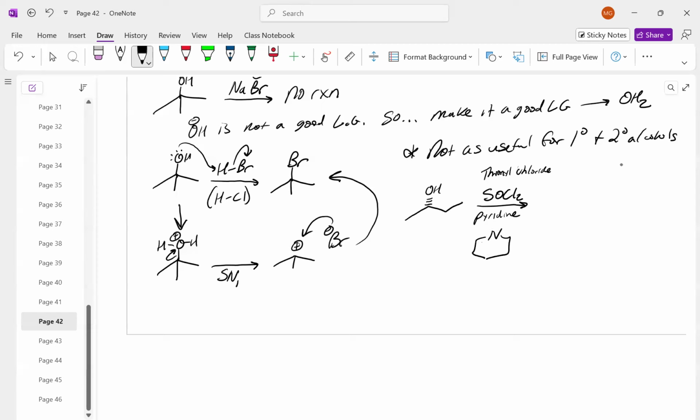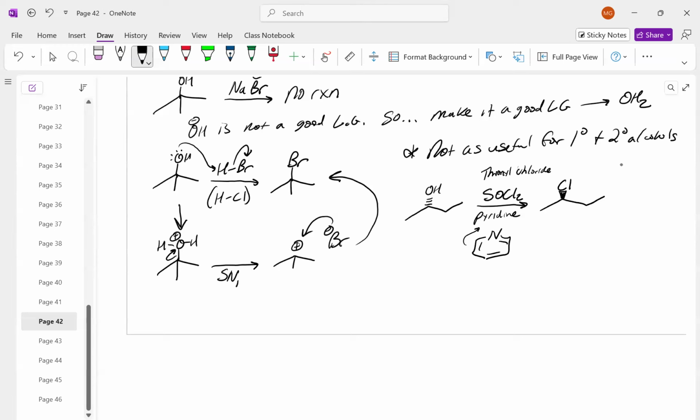You're going to see pyridine come up a whole lot. And this will replace the OH with a chlorine. We'll talk a lot more about the mechanism and everything later in another chapter. But right now, I just want you to know that you could use this for primary and secondary alcohols.